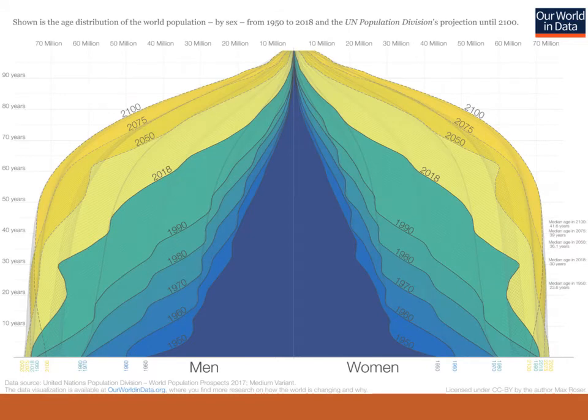This is an interesting graph that shows the population pyramid of the world, all right, at different stages. If you take a minute to study it, you can see the dark blue in the middle has that almost pyramid shape for the world, this very narrow, spiky pyramid of 1950s.